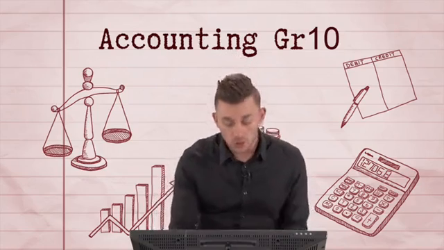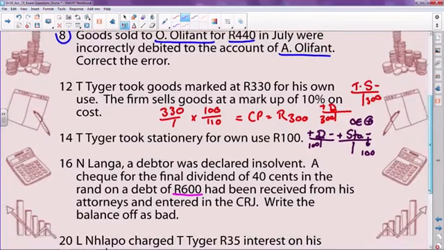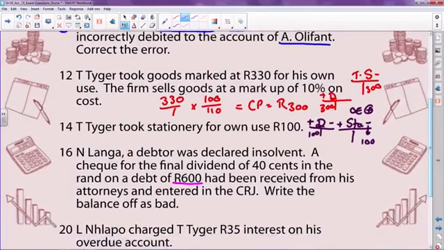Guys, let's look at it. So firstly, this debt is 600 Rand. Now, what should I do? I should go and draw a nice schedule. So remember, the 600 Rand equals the full debt. So this is equal to the debtor's control. Now, what should I do? I should go and draw what I've received.